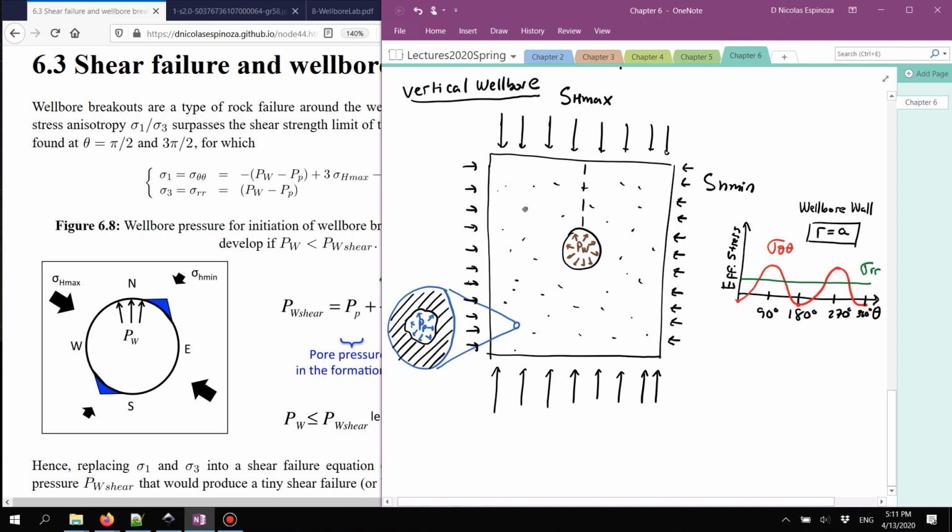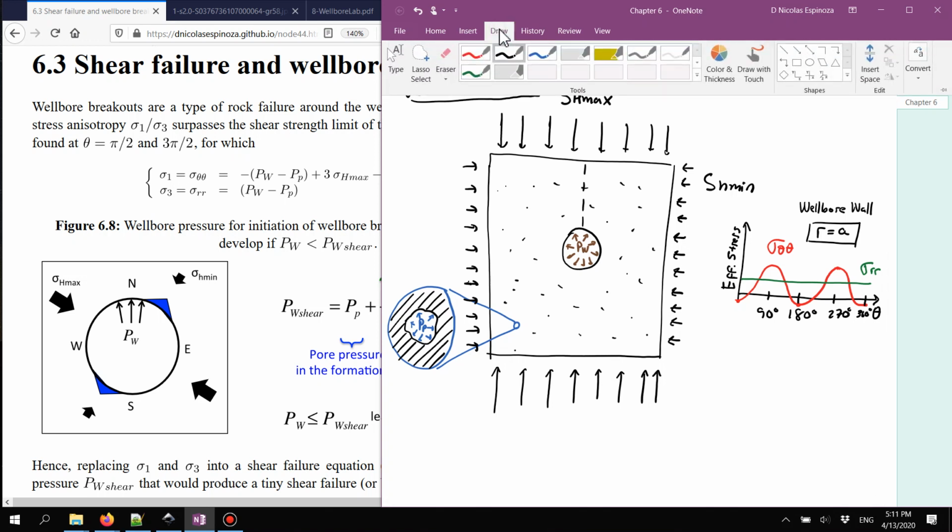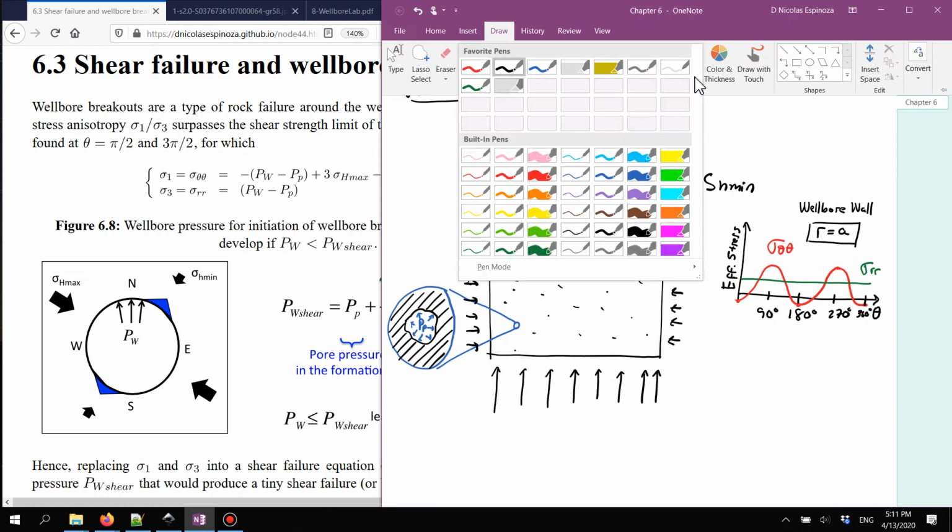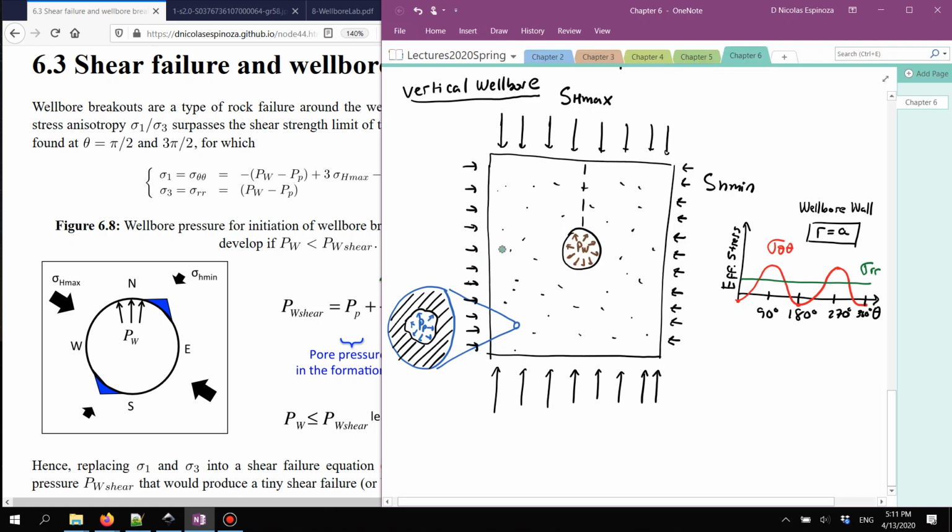For example, let me do this with another color. If I were to take a look at the stresses at the position somewhere over here, the angle theta would be this one.